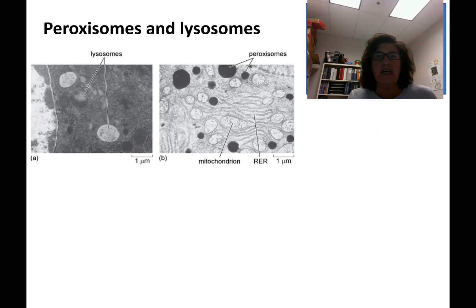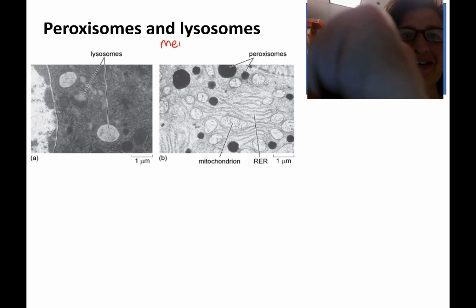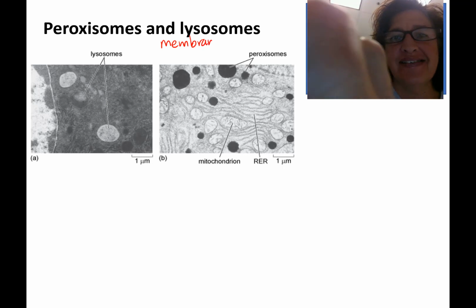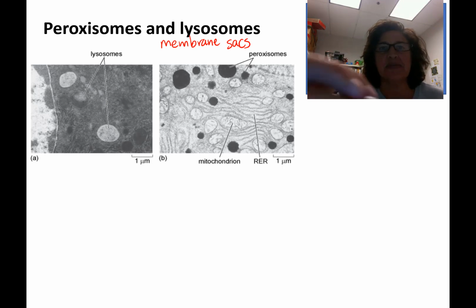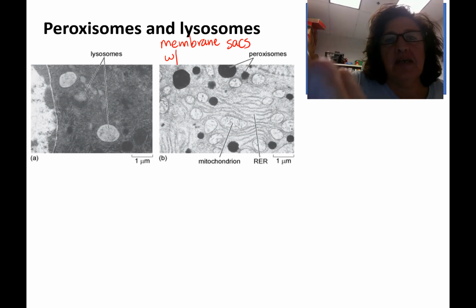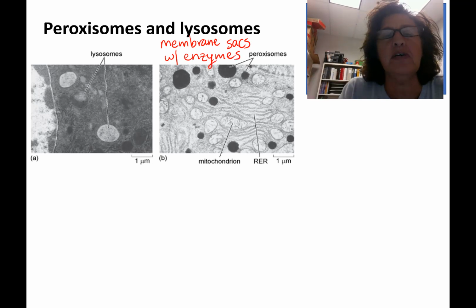Peroxisomes and lysosomes. Wow, guess what these are? These are small sacs. These are membrane sacs too. But inside the membrane sacs, they have enzymes. And enzymes are a type of protein we'll talk about in another week or so.